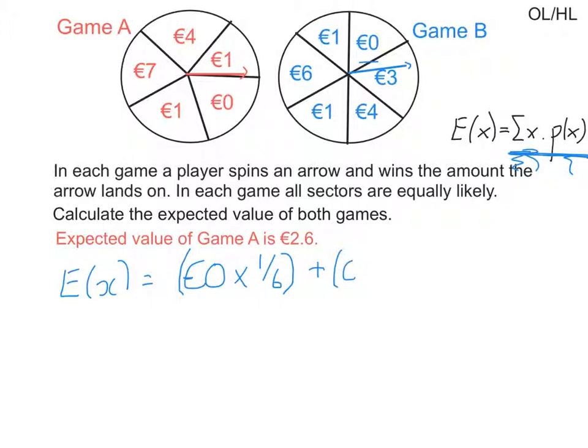So we'll take 1 as our next x, multiplied by 2/6, as this time there are 2 sectors where 1 appears. Our next x is €3. This is multiplied by a sixth. And we keep going through all the possible outcomes.